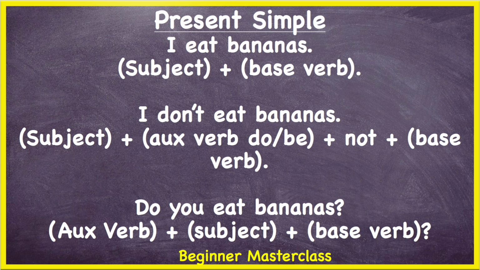You could say, I am not a banana. So you do need to be aware that it could be do or don't, or am not or isn't, depending on the sentence. And then, do you eat bananas is the question. So auxiliary verb again, plus subject, plus the base verb. And this is only covered in the beginner masterclass.